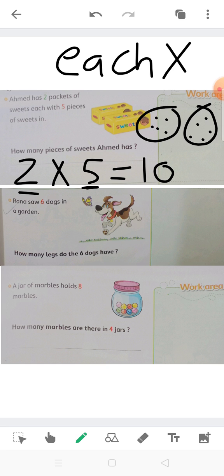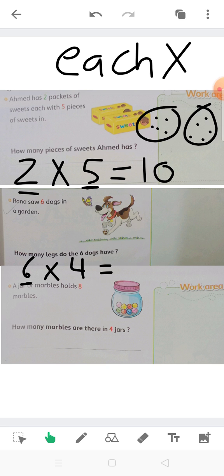I can write 6 times 4. 4 is repeated how many times? 6. So I can use drawing as above here, I draw 6 groups, or I can use a different method, or I can just repeat 4 six times.